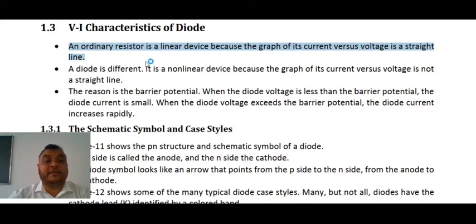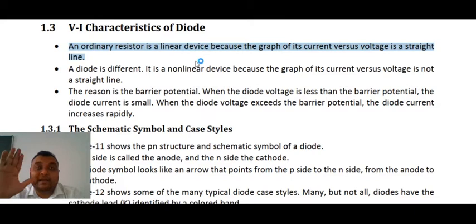That means the more voltage you increase, the more current drop there will be, and that gives you a straight line. But in the case of a diode this is not so. A diode is a different device. It is a non-linear device. That means it is not the case that the more you increase the voltage, the more current you get. It will not be like that. So we will see this through the characteristic of the diode.